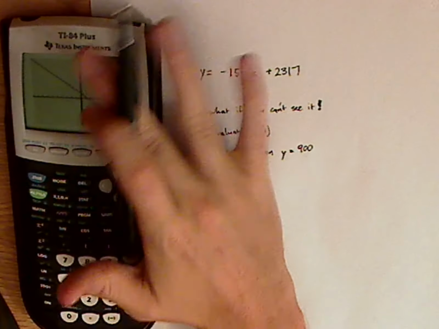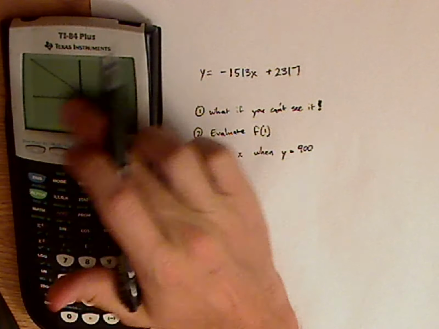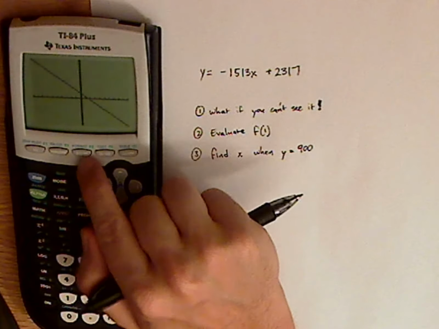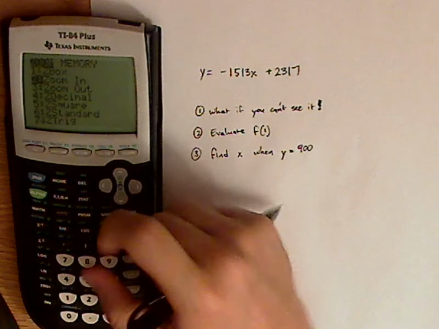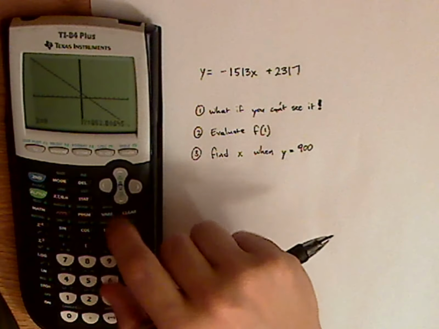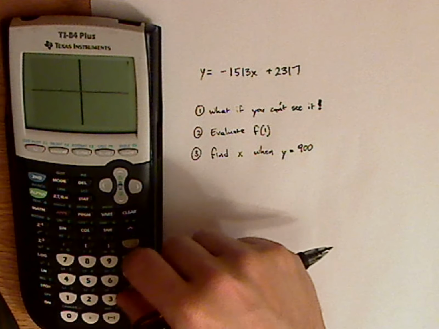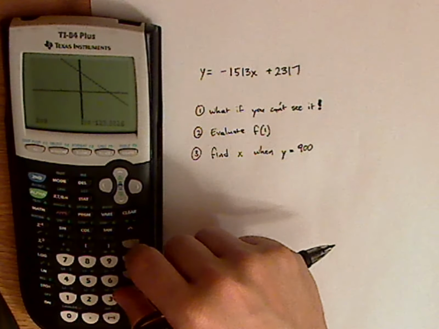Zoom fit automatically does it where you can just see the whole line and what's going on. So zoom in, and I'm going to zoom towards the origin. Alright, that's pretty good.